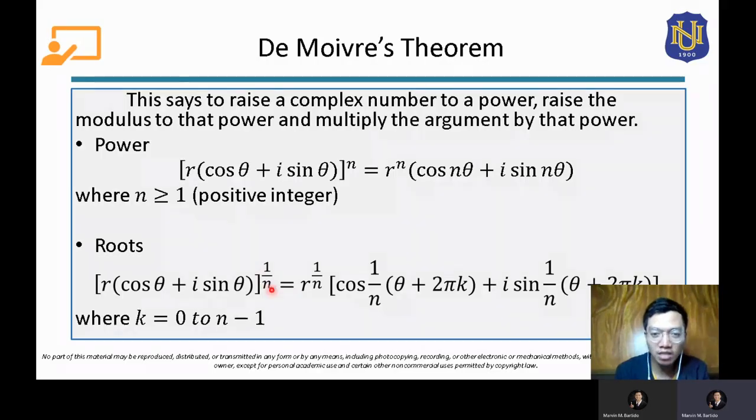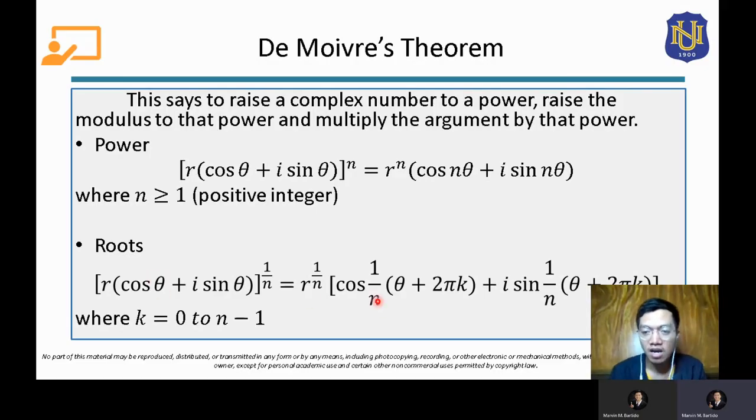Again, the form we need should have r and theta: a trigonometric, polar, or exponential form. In this case, we use the trigonometric form. The rule is the same: we raise the modulus to that power, so r is raised to 1 over n. Then we multiply the argument by that power, so we multiply our theta by 1 over n.